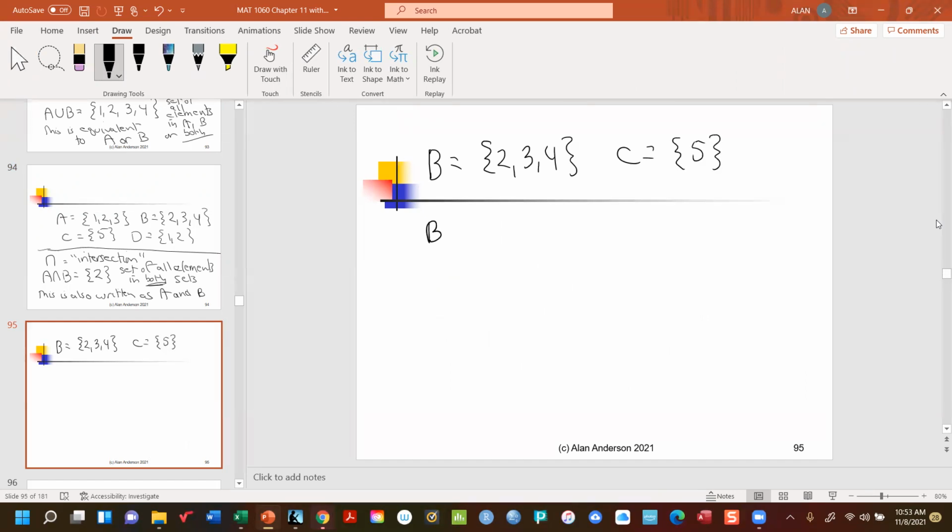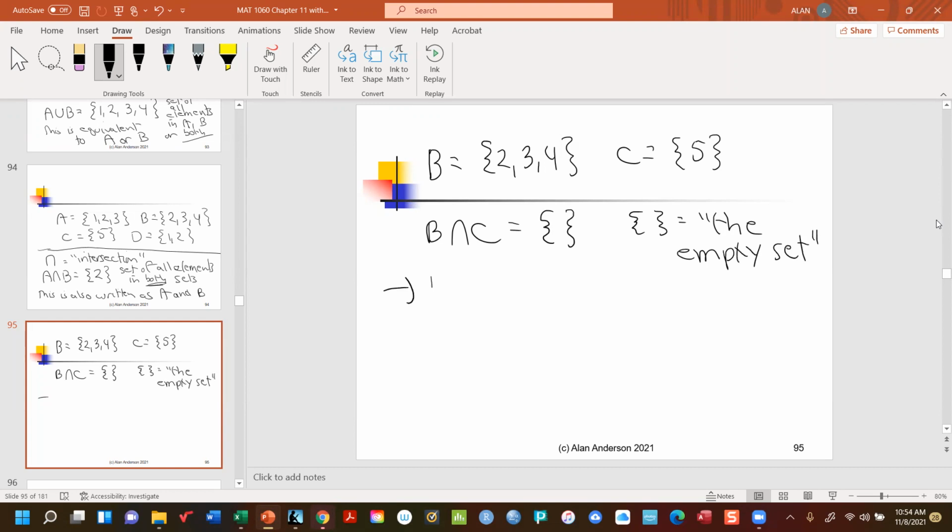The intersection between these two sets, well, there isn't one. There's no elements in common. We write this as the two braces with no elements in the set. In other words, this is known as the empty set. This implies that B and C have no elements in common.